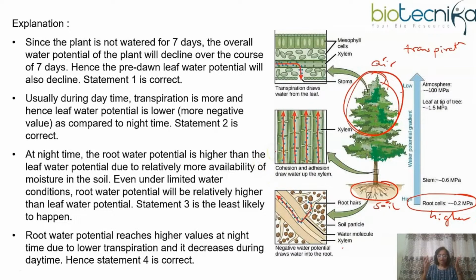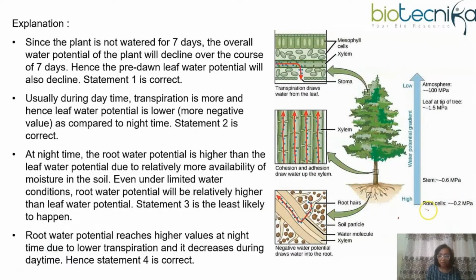So if you take any plant, whether it is properly hydrated or suffering from drought conditions, usually the root zone has relatively higher water potential as compared to the leaf zone. If you look at the values given here, root cells have a water potential value of minus 0.2 megapascals, which is relatively high because this is close to 0.